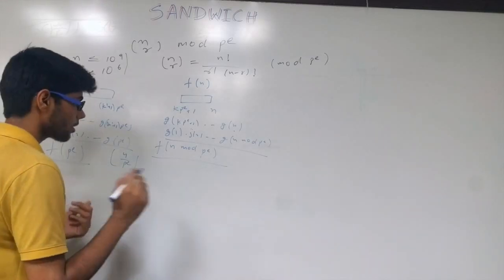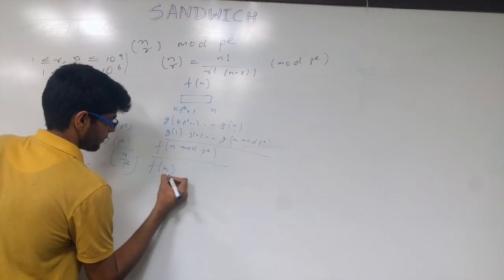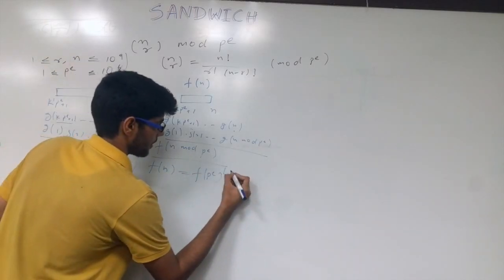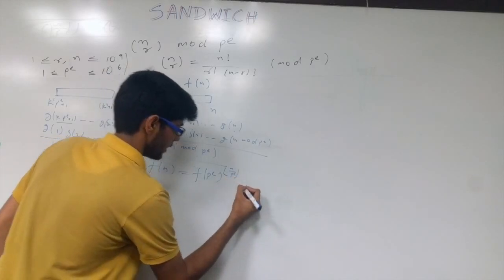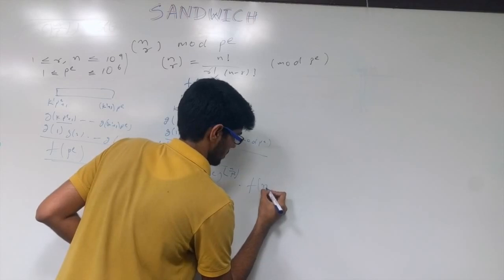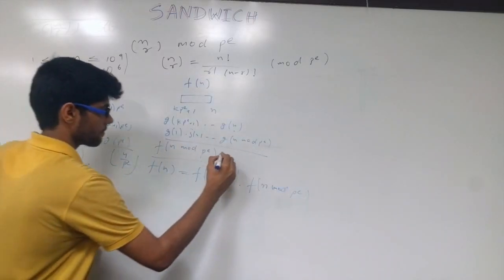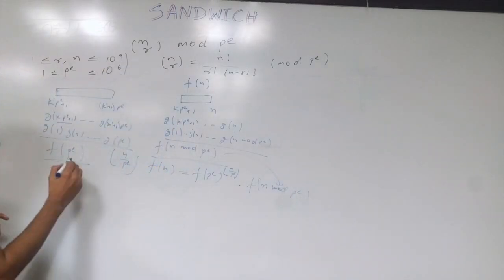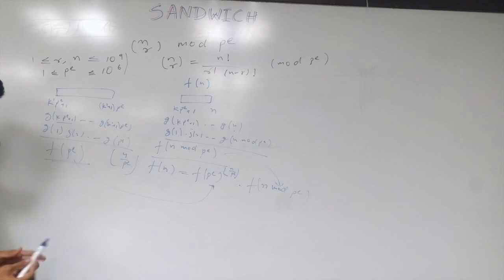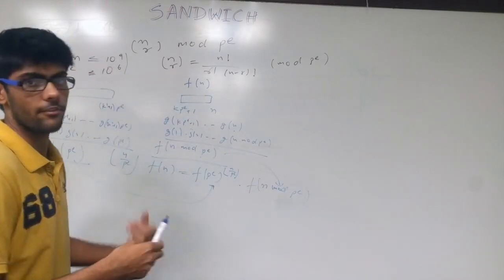So what will be the overall product which we have to find? f(n) is equal to f(p^e) to the power n by p^e, into f(n mod p^e). Because the product of the last block is this, the product of any other block is this, and there are n by p^e such blocks.